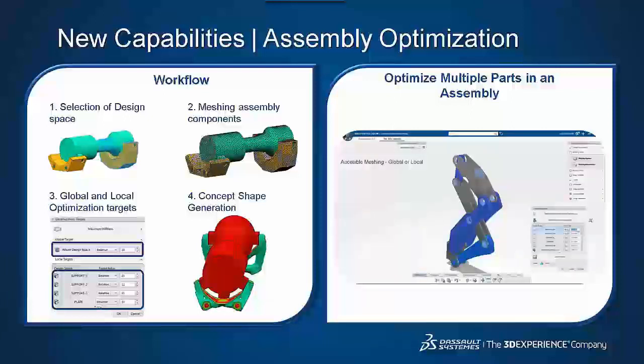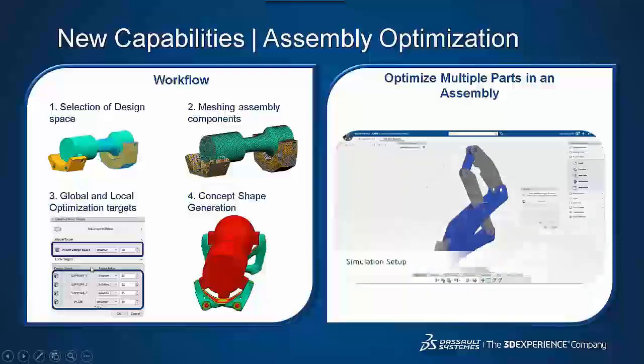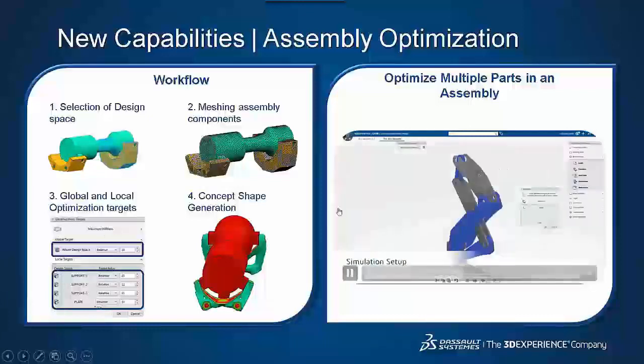So in this workflow for assembly optimization, first you define your design space, and then you mesh all of the components in your assembly, and then you specify both local and global optimization targets, and then finally you can generate these concept shapes for each of these individual components.